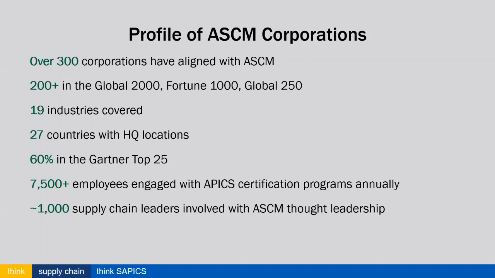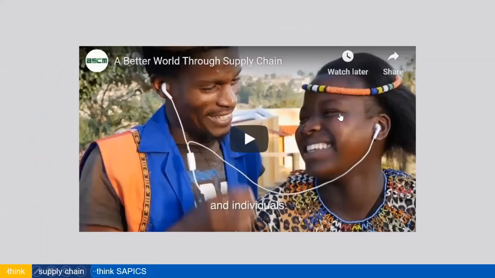Whereas 60% of our corporations are also listed in the Gartner Top 25, and 7,500 plus of these employees have APICS certifications, and we have approximately 1,000 ASCM thought leadership professionals from across the world.